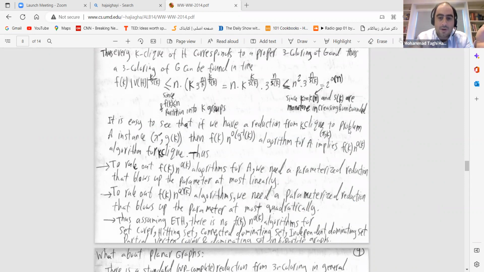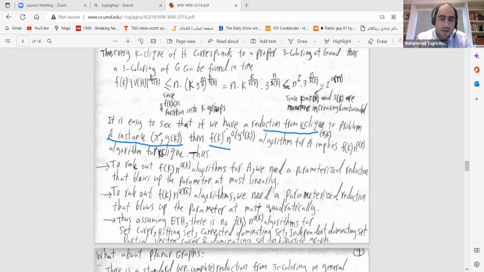If you have some kind of parameterized reduction from K-clique to any other problem, from x to another instance x prime with parameter g of k, then for this other problem, this implies that there is no algorithm of f of k n to the g inverse of k, because for clique there is no algorithm better than f of k n to the order k.